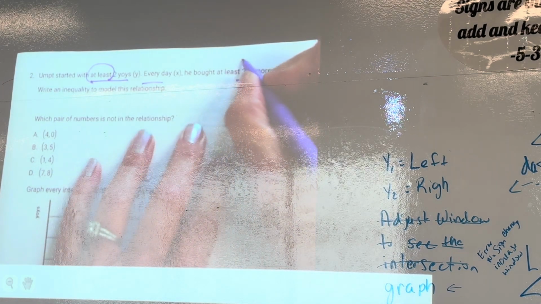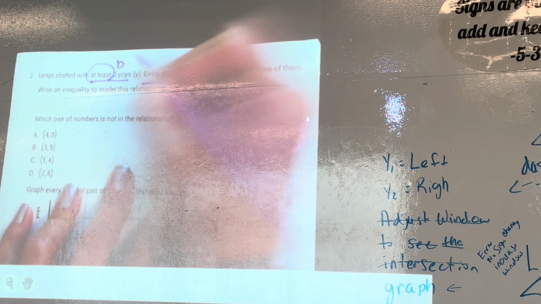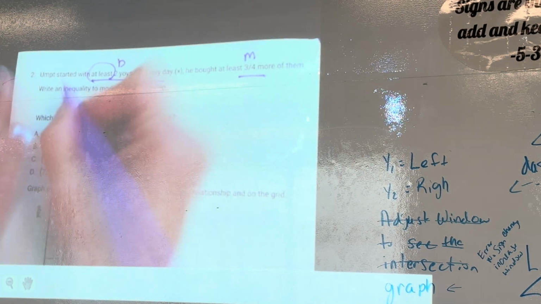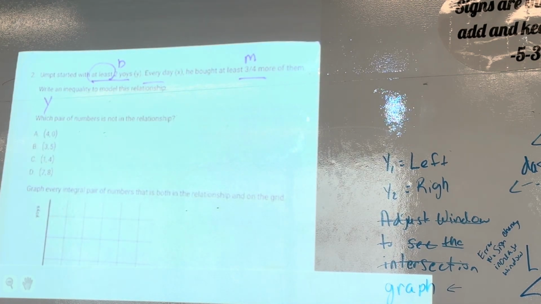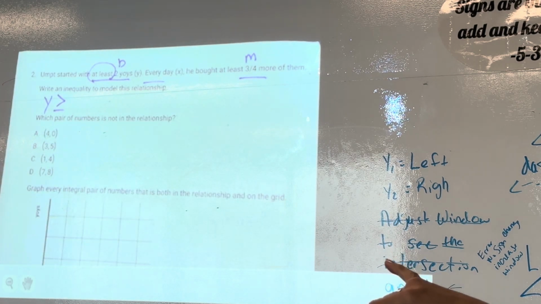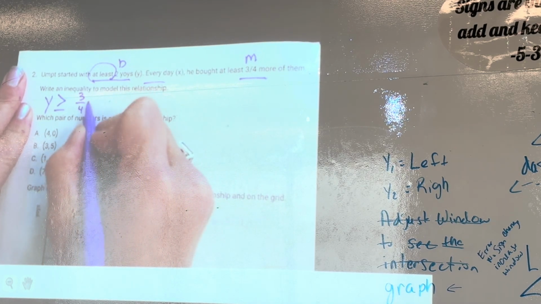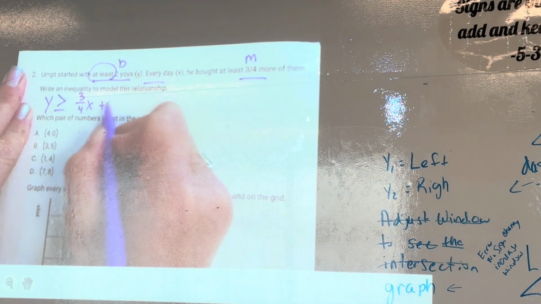So this is going to be my m, and then my b is what we started with. What does "at least" mean? Greater than or equal to. If you forget, look underneath the pumpkin. I have them listed. Greater than or equal to. What comes next? 3/4 x plus 2.